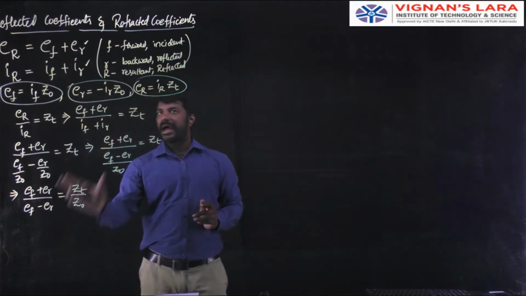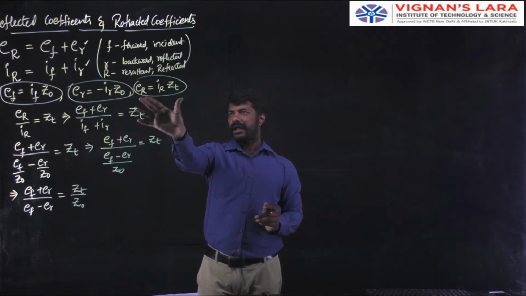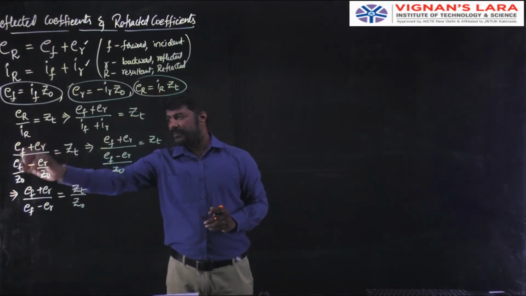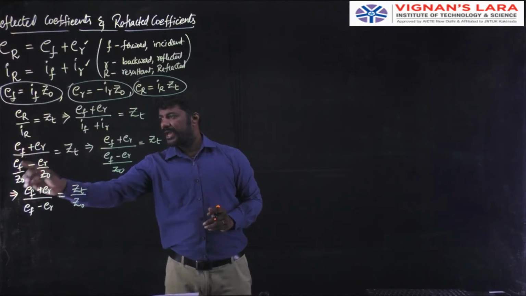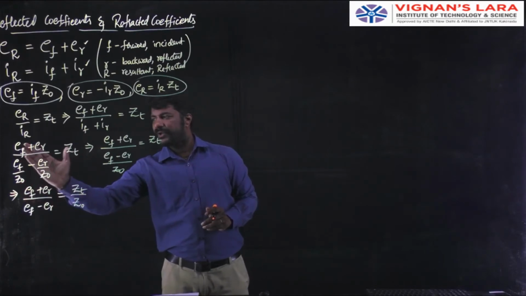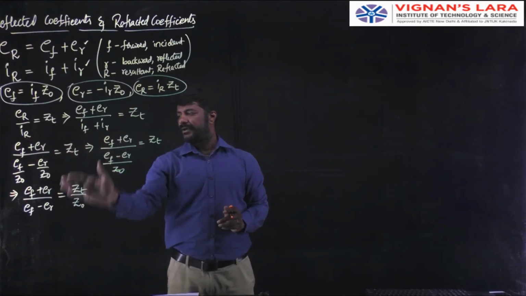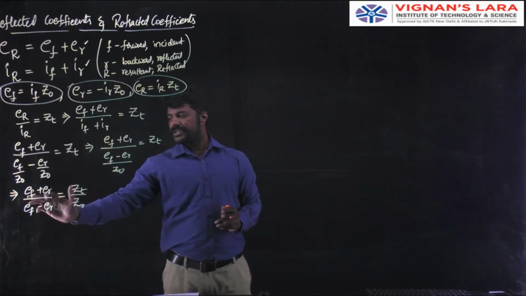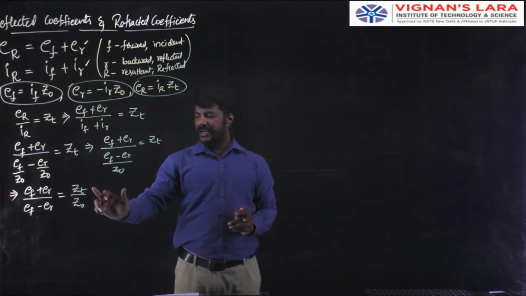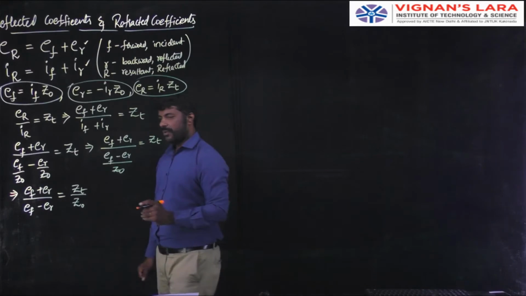What I have done is take Ohm's law, ER equal to IR into ZT, and write all the current substitutions in terms of voltages, so that the entire expression consists of voltage terms, EF, ER, with impedances ZT and Z0, eliminating the small i current terms. Finally, I got the ratio of the summation of the voltages to the difference of the voltages as the ratio of the terminated impedance to the characteristic or surge impedance. Rearrange the terms. What exactly do you want?